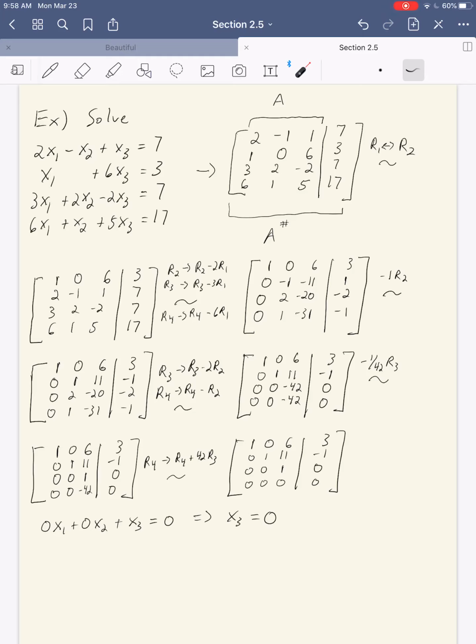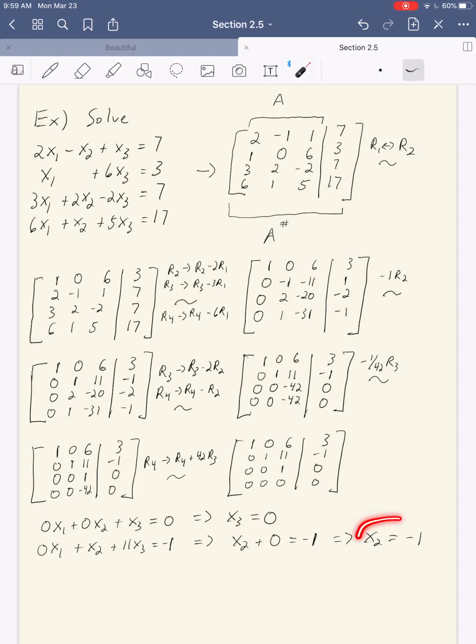Now we can go grab the next equation, sort of backwards here, and that tells us that 0x1 plus x2 plus 11x3 is negative 1. But we know that x3 is 0, so we can pop that in. This tells us that we get x2 plus 0 is negative 1. And this tells us that x2 is negative 1.